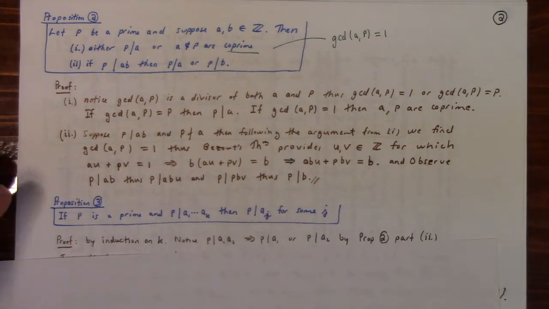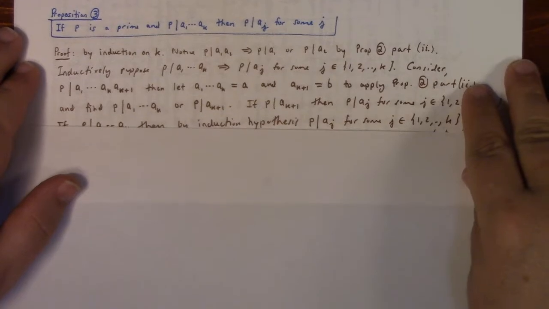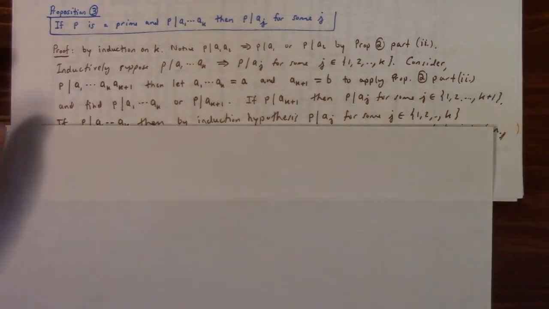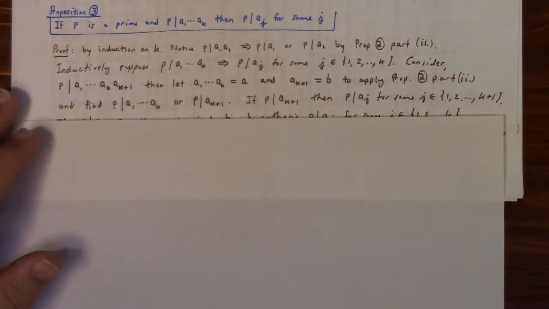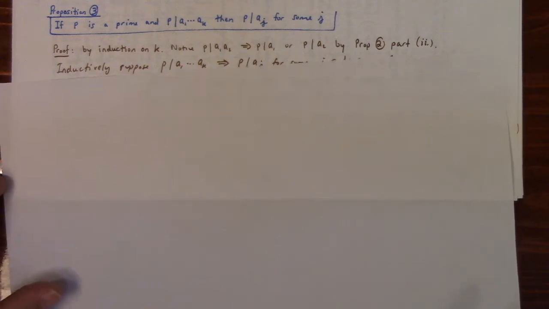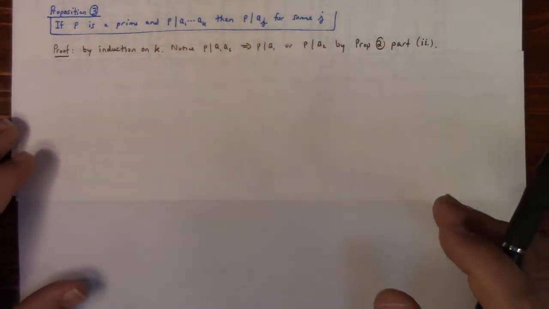All right. Proposition 3 here. So what we're looking at right now are just some basic results about how divisibility works with primes. Divisibility works really nice with primes. It's better than just any old numbers. Primes are special.